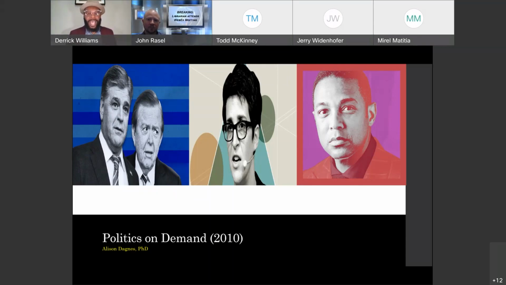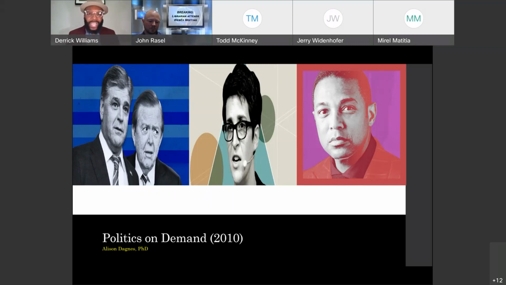And a book that I picked up in 2010 is from Allison Dagnes, and it's called Politics on Demand. This is the first time we will be able to get politics slanted in the way that we actually saw politics.